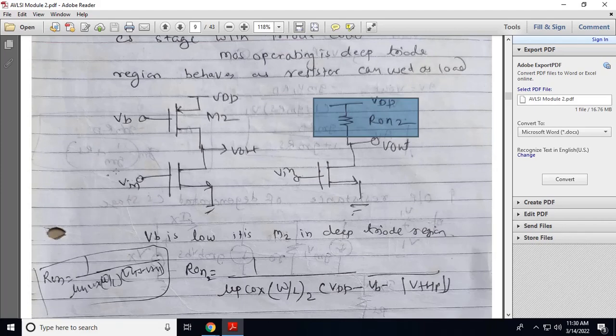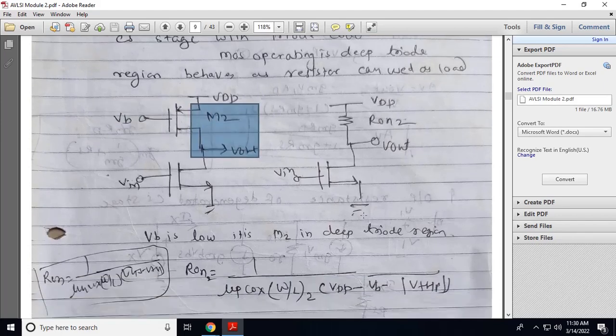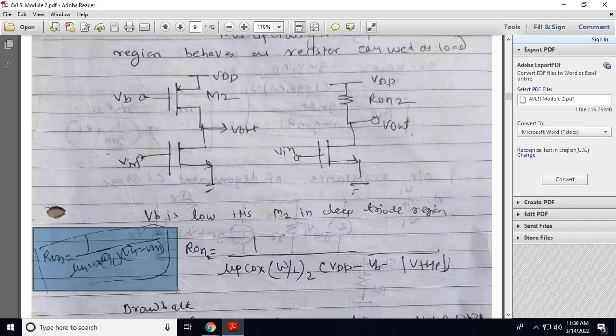So common source, we apply the input to the gate. Source is common, output is measured at the drain terminal. So when we apply a gate voltage that is very low, MOSFET 2 will be operated in the deep triode region. So Ron is equal to 1 upon mu Cox W by L into VGS minus VTH, that is the on resistance of the transistor.